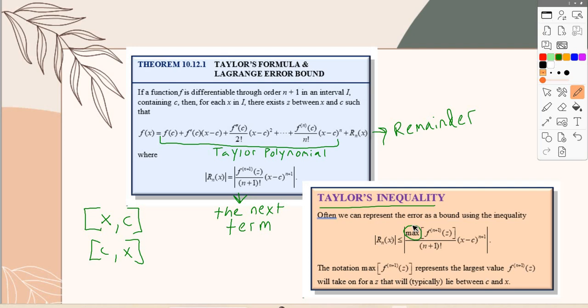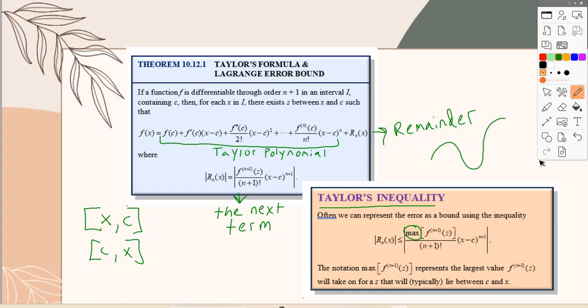And the reason that we're looking for the maximum is because remember that Taylor polynomials are polynomials. So for our alternating series, they were just values, and so I knew that I had to be smaller than the next value. Here I'm looking at a full-on polynomial.